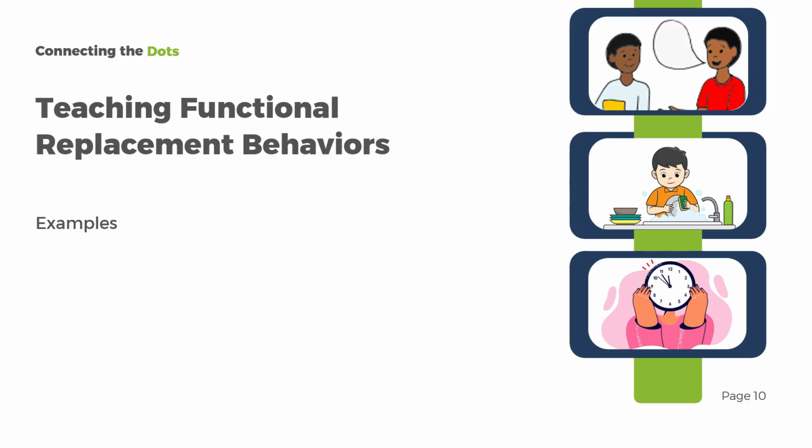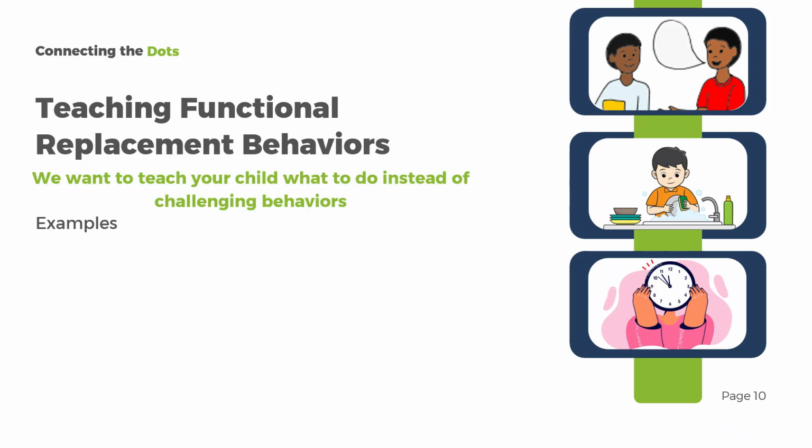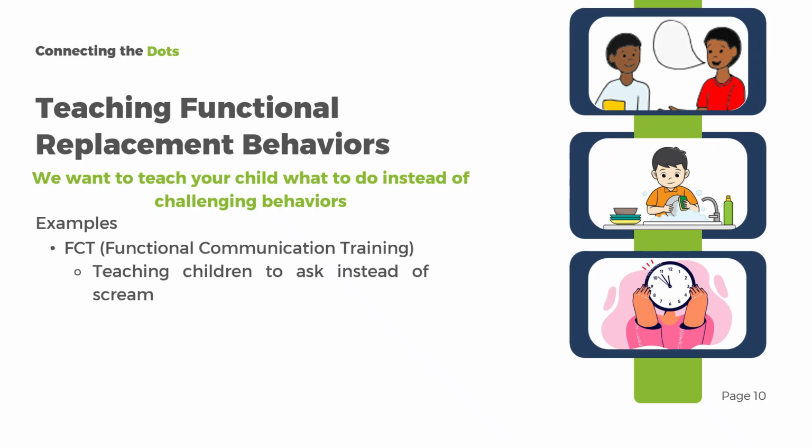But here's the key. Once we know the function, we don't just focus on stopping the challenging behavior, we focus on replacing it with a new appropriate behavior that serves the same purpose. This is what we call a functional replacement behavior, which is teaching a new skill that meets the same need in a more acceptable way.